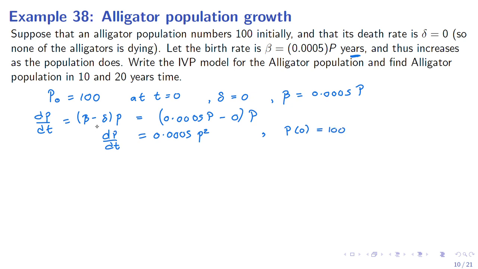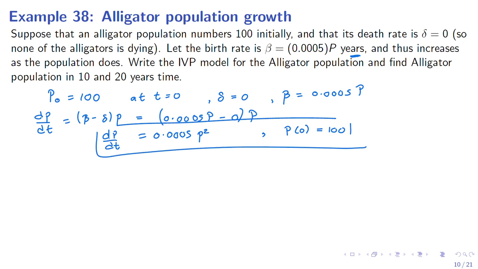So that's our ODE initial value problem. Now we need to find the P, which we can do by separating the variables. So 1 over P squared dP equals 0.0005 dt. And then let's integrate. 1 over P squared integrates to P to the minus 1 divided by minus 1, which is 0.0005 t plus a constant.